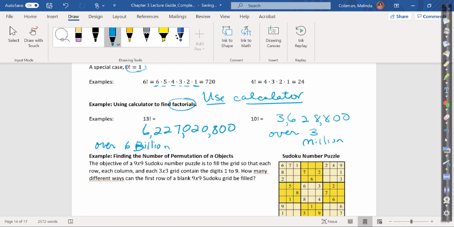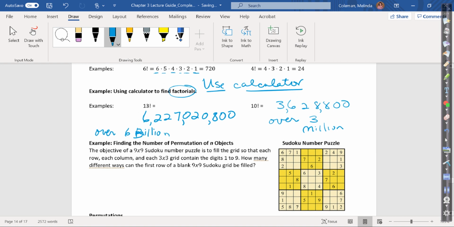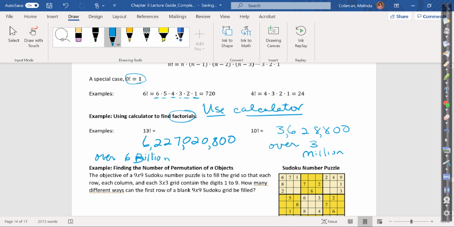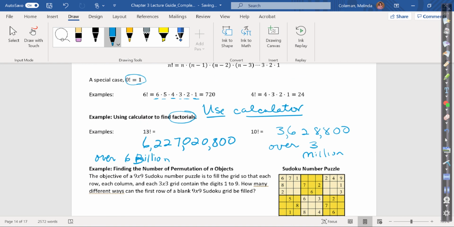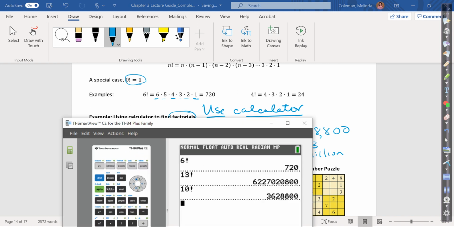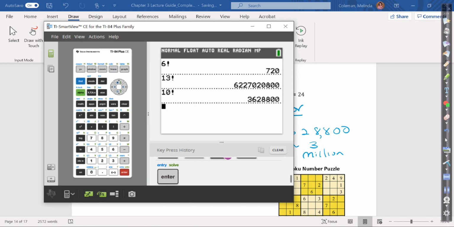Also on your calculator, you can do this with just using the buttons on your calculator. So 13 factorial would be 13 times 12 times 11 times 10 times 9 times 8 times 7 times 6 times 5 times 4 times 3 times 2 times 1. That's a lot of multiplication, but if you forget where that button is on your calculator, you can certainly do this the long way.